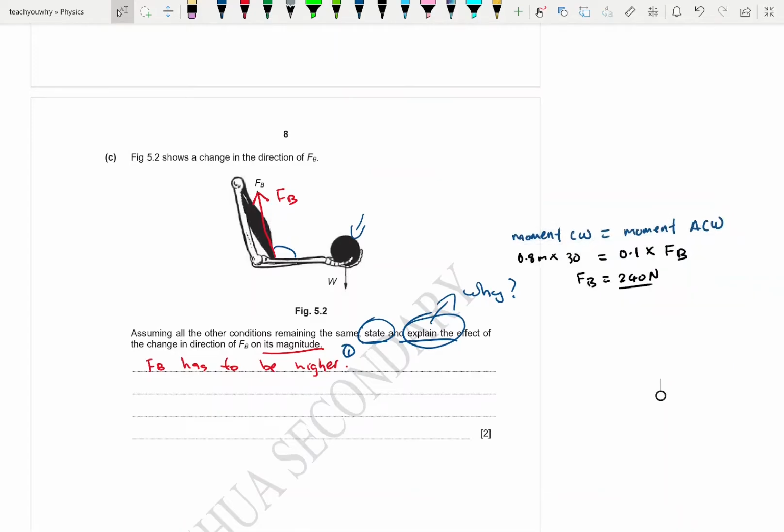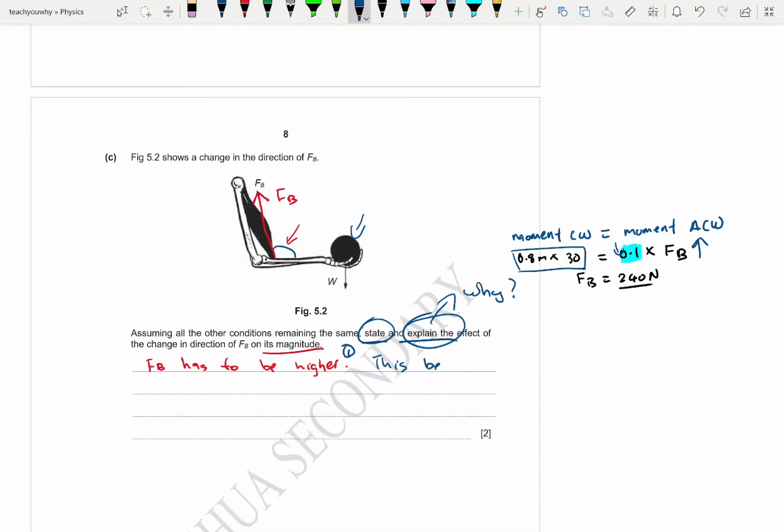So you see, because this is not perpendicular, this causes this distance to decrease. And if this distance decreases, in order for you to have the same moments, this one has to increase. Therefore, we say that FB has to be higher.